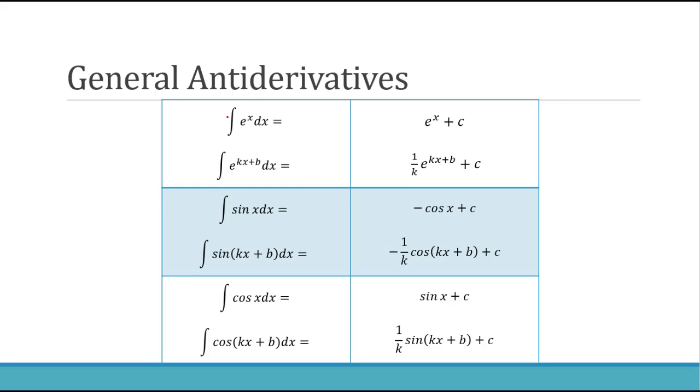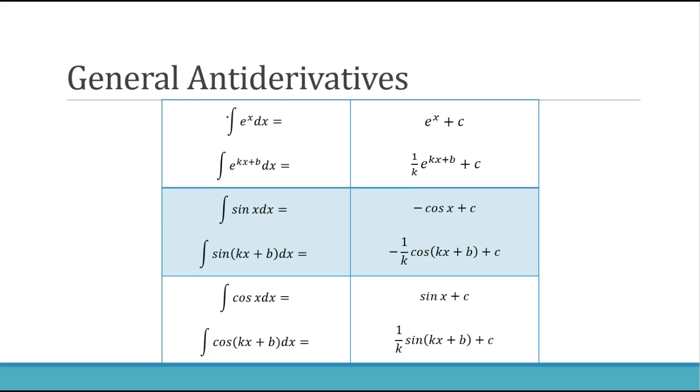The integral of sine x is going to end up being negative cosine x because, of course, the derivative of cosine is negative sine, so I need a negative to cancel. Of course, plus c. And then again, here's that sort of general form where I have sine of a linear function. There's that kx plus b again, so what has to come in the front is that 1 over k cosine of kx plus b, with the overall quantity being negative, and then plus c.